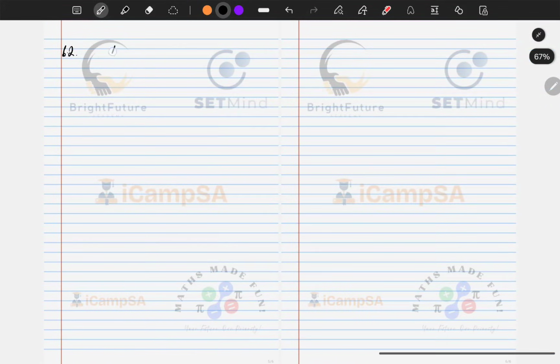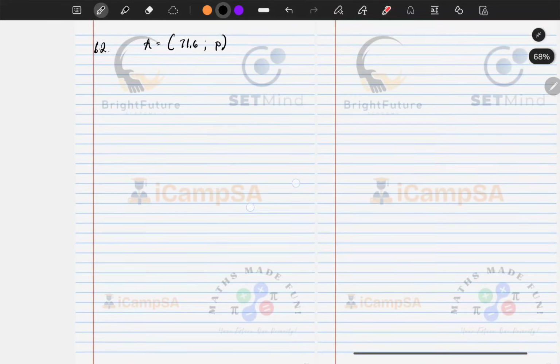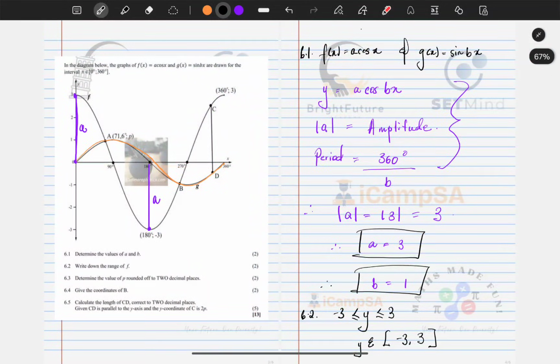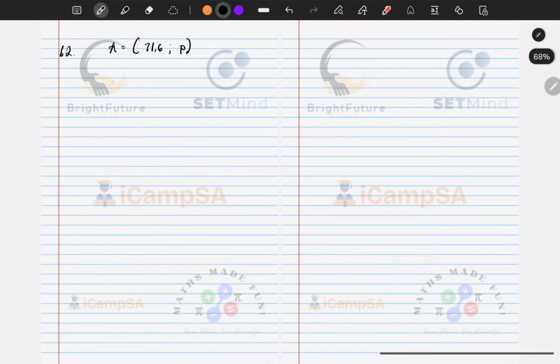So you have a, which is in coordinate 71.6 paired with p, and it's a point on both graphs, right? So I can use any graph. So I'll just choose the easiest one, which is g of x.